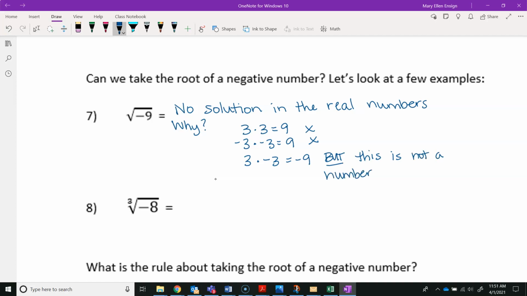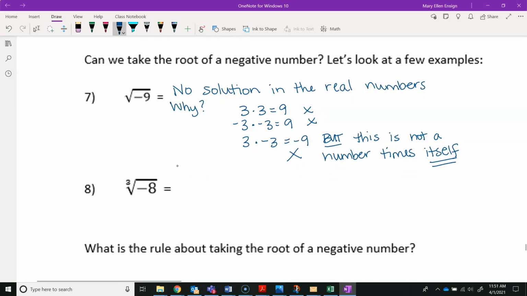This is not a number times itself. Okay? So this doesn't work either. So there's no solution. The only way to make that negative is to have different signs, but in that case, then I'm not multiplying a number by itself. I'm multiplying a number by its opposite.